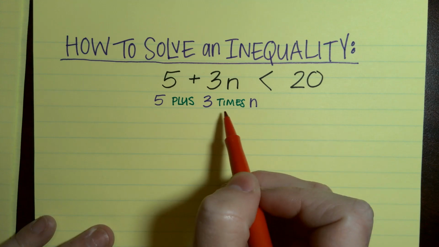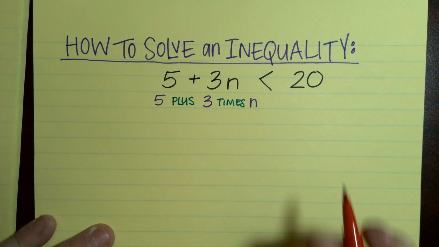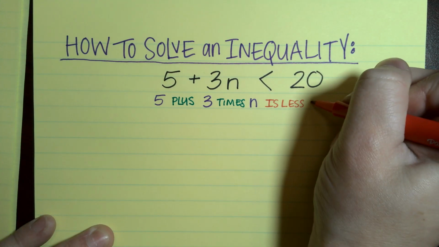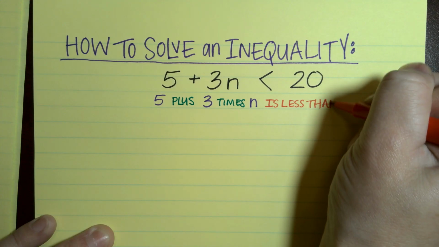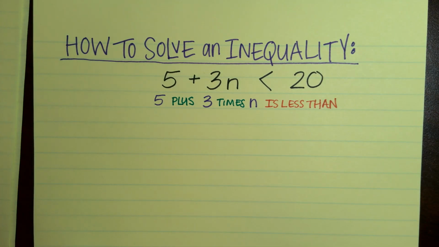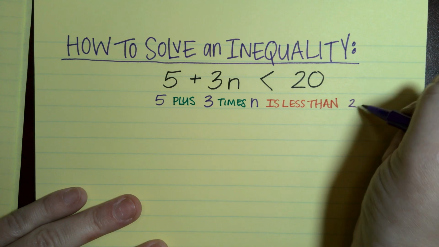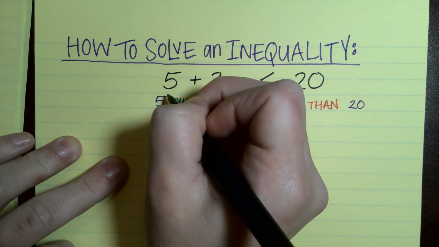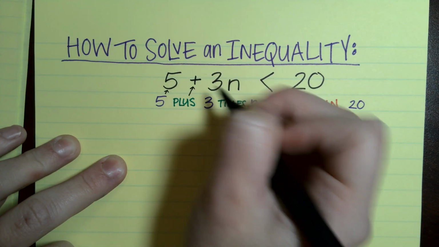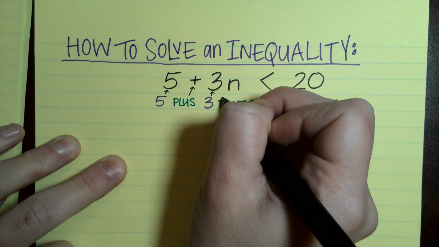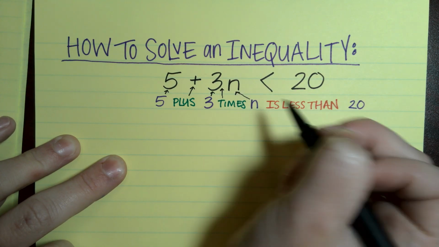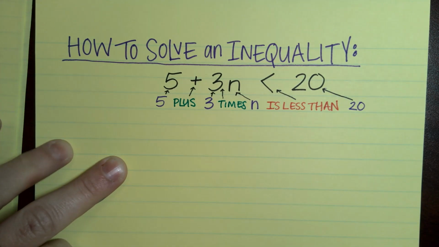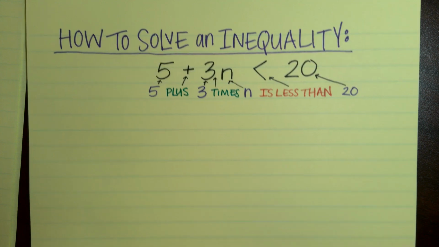Yeah, 5 plus 3 times n is less than 20. We can just read our numbers as we see them. So we can kind of draw little arrows to each of the things if you want. So there's a little guide for how we're going to read it.